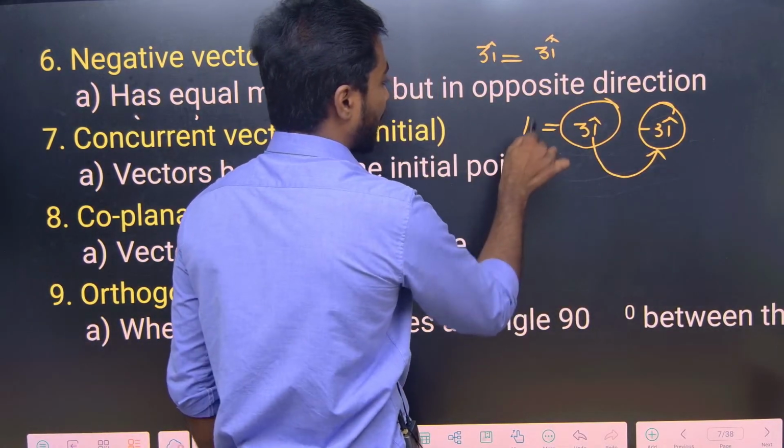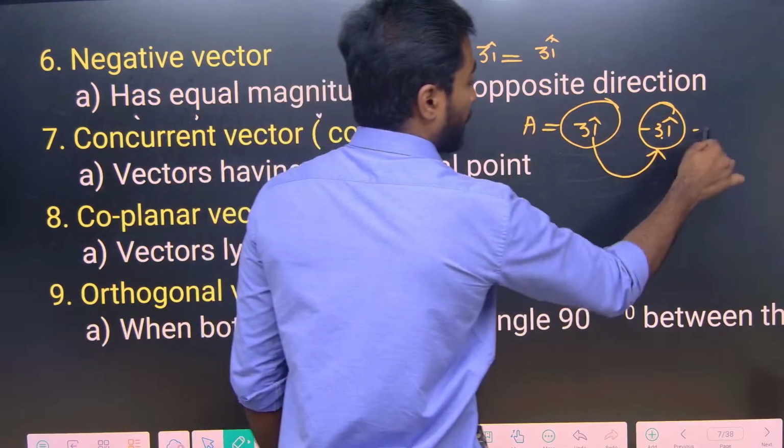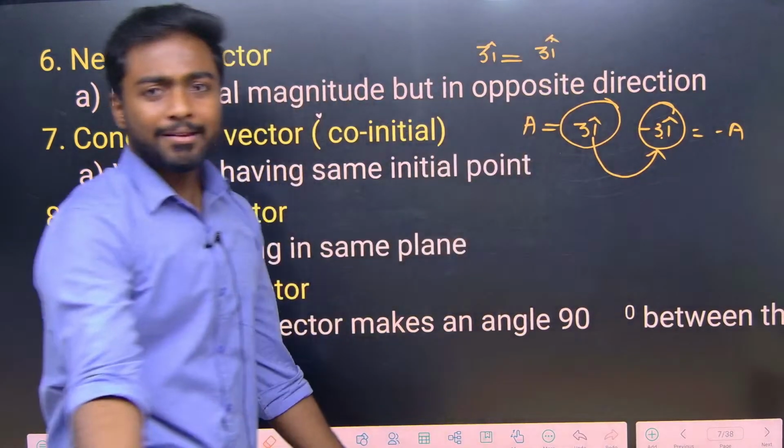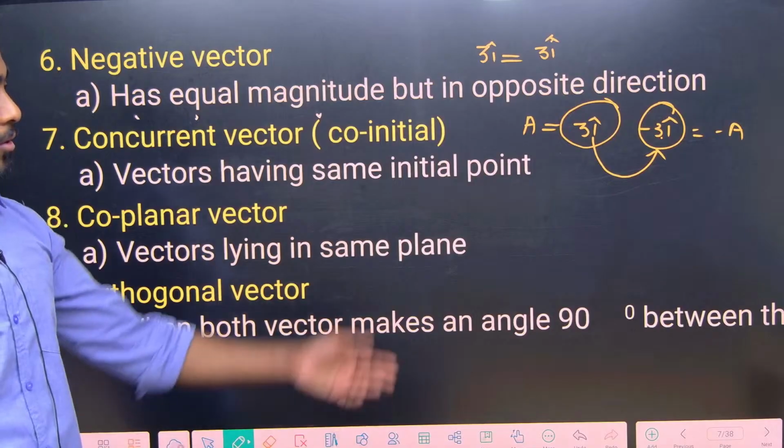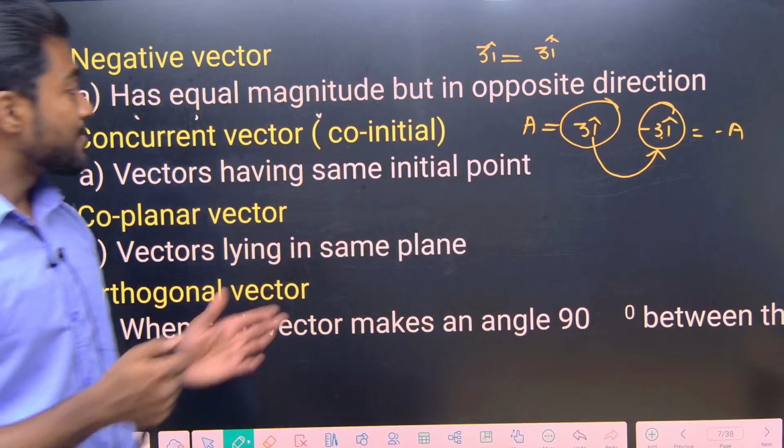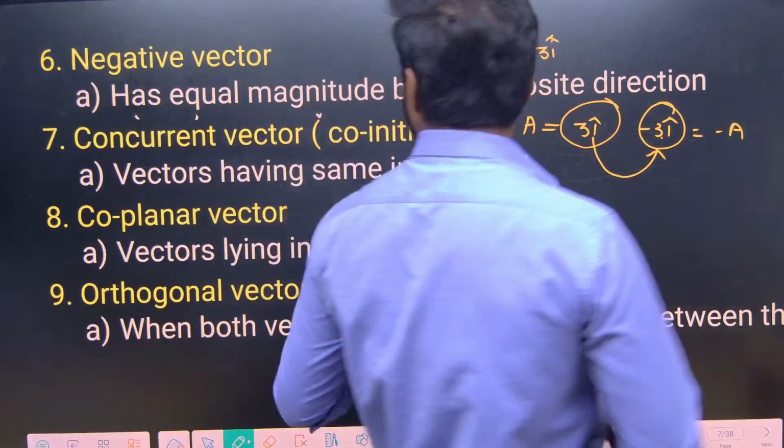If I take this as a, this one will be minus a. This is how we denote the negative vector.